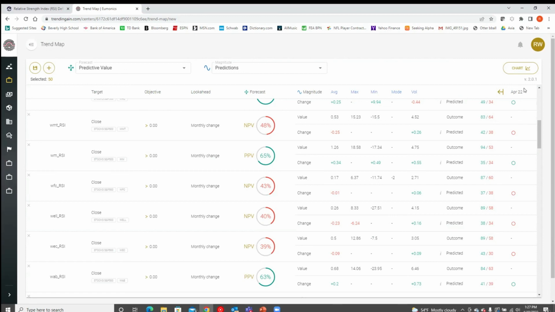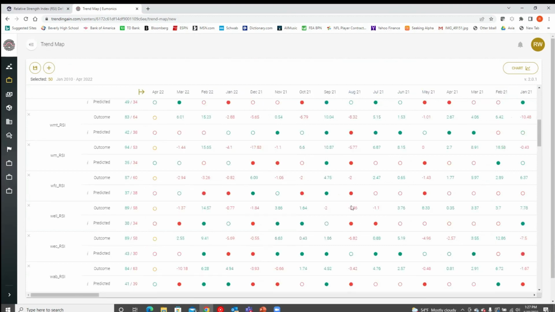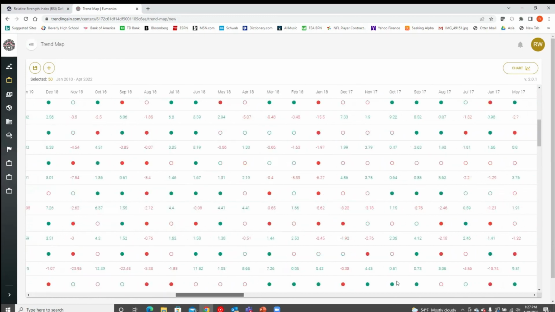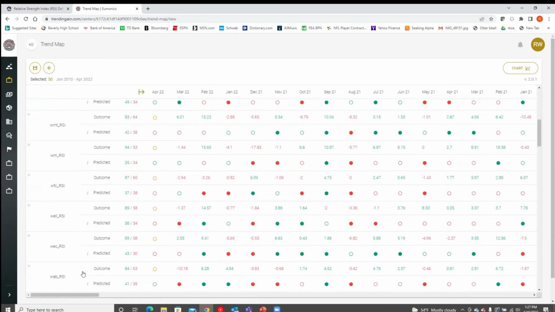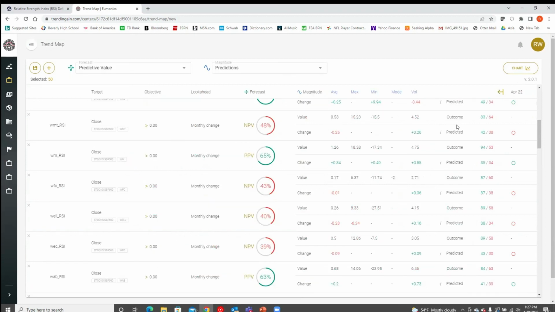Basically, what it's doing is hiding the back test. If I hit this button here, the back test is still here. It's just hidden. This gives me the ability, from this point forward, to simply watch what's happening, and I'll be able to tell if these screens are actually predicting outcomes going forward in time.